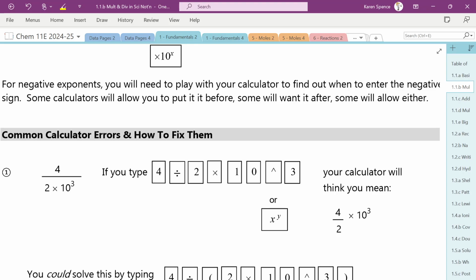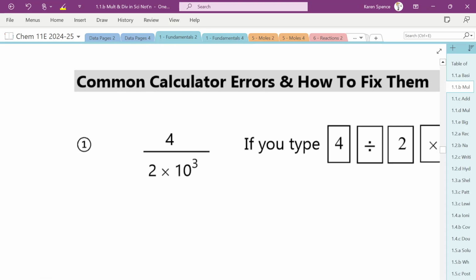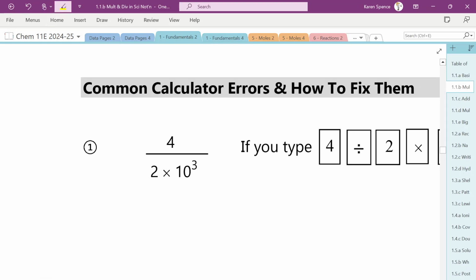So now on your calculator, I would like you to type in 4 divided by 2 times 10 to the 3.